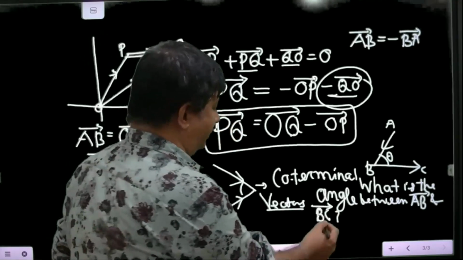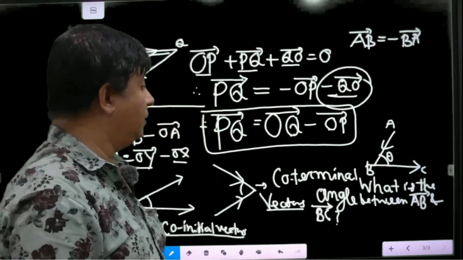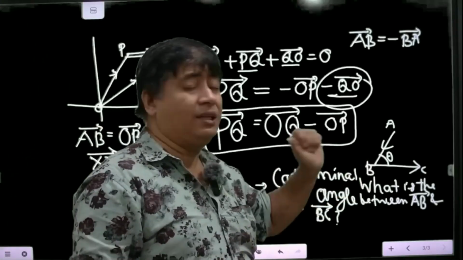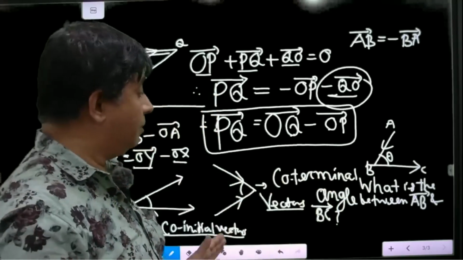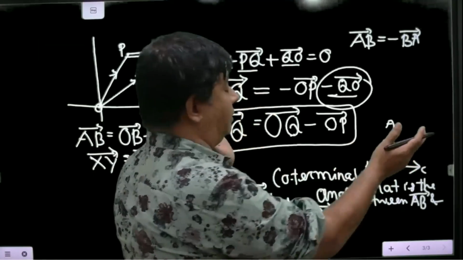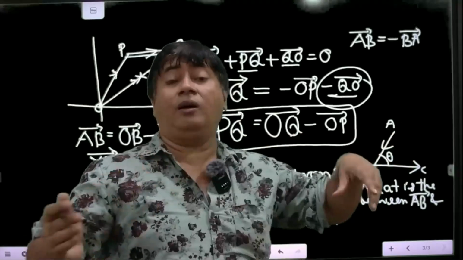What is the angle? See, is it theta? No. Why? Because they are not co-initial or they are not co-terminal.